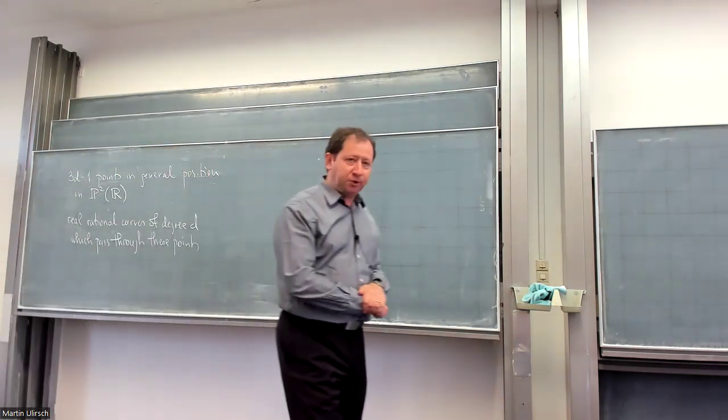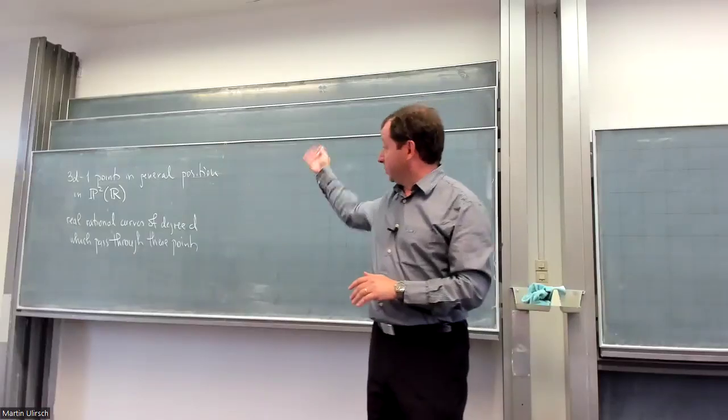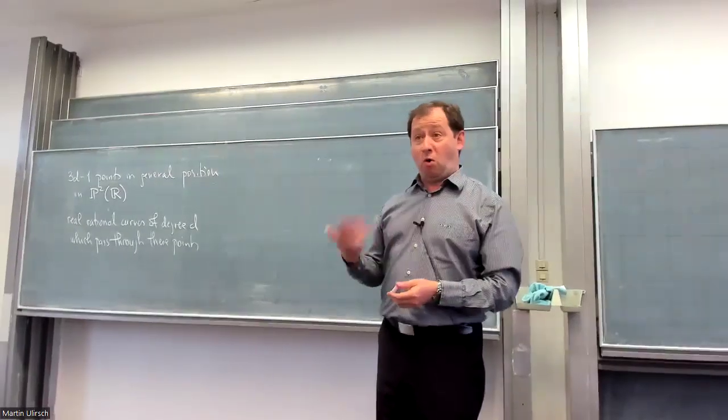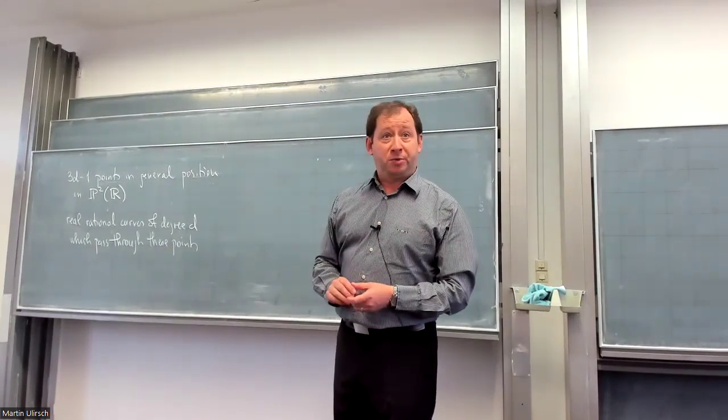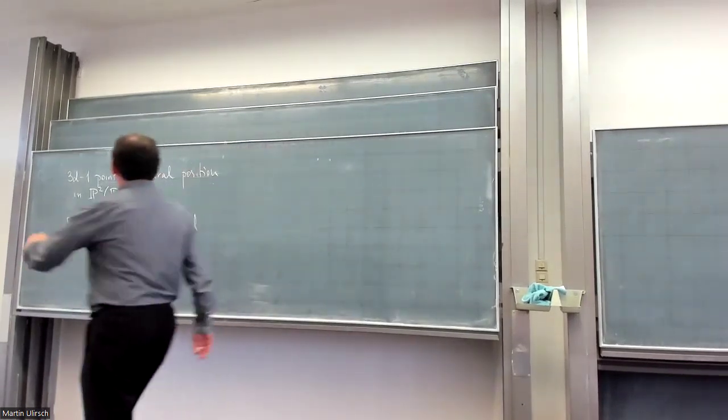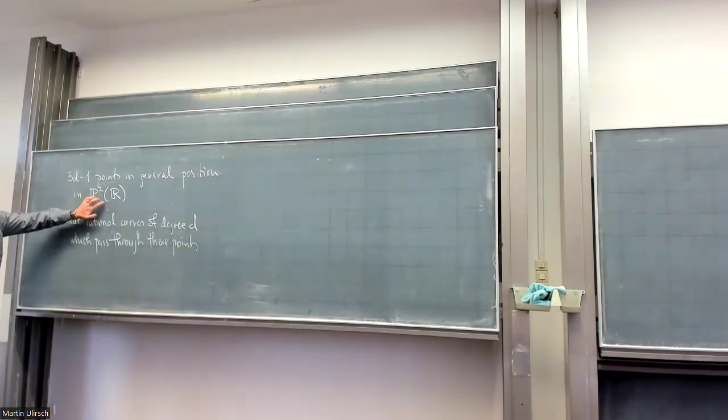For me, a real curve in P2 is a complex curve in P2 which is globally invariant under the involution of complex conjugation. So even when I fix points in the real projective plane, I can look at complex rational curves of degree d passing through my points, but now I'm interested in real ones.